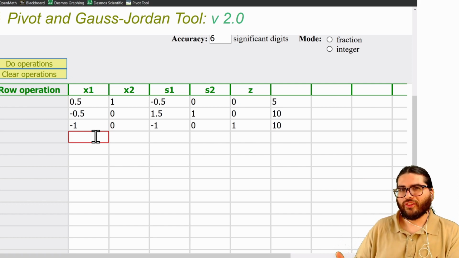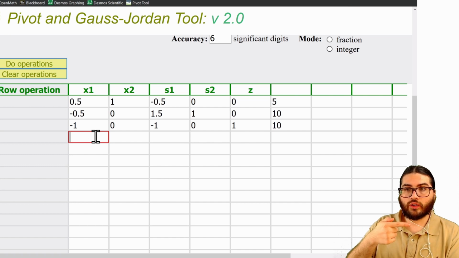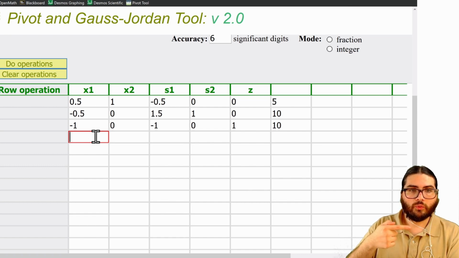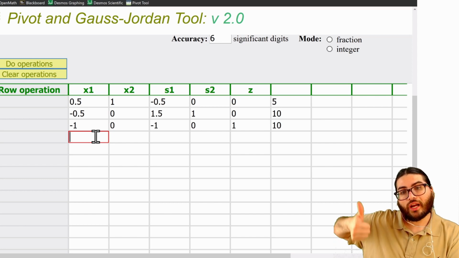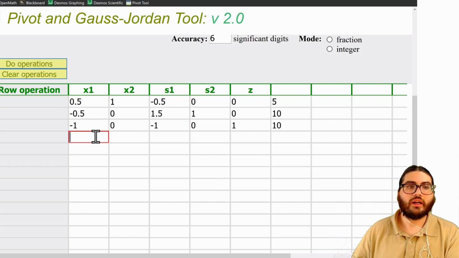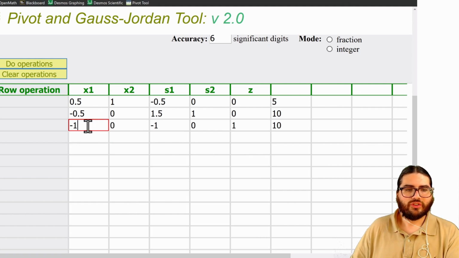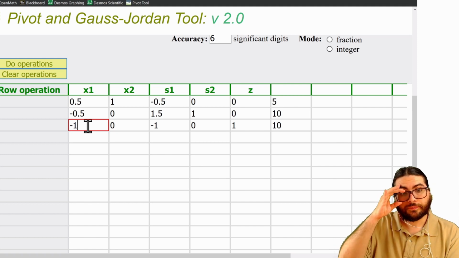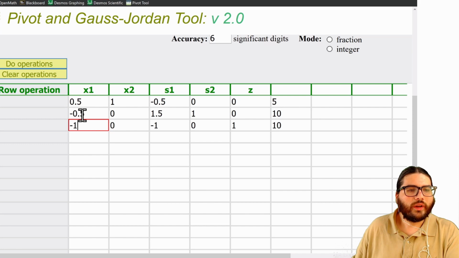And to prevent this kind of cycling, to break a tie, I'm always going to choose the first variable. That means the left side, if I'm doing a regular primal simplex method pivot. And I'm always going to choose the top variable, closer to the top, if I'm doing a dual simplex method pivot. So I'm going to choose this -1 in the x1 column and look at the other ratios above it.